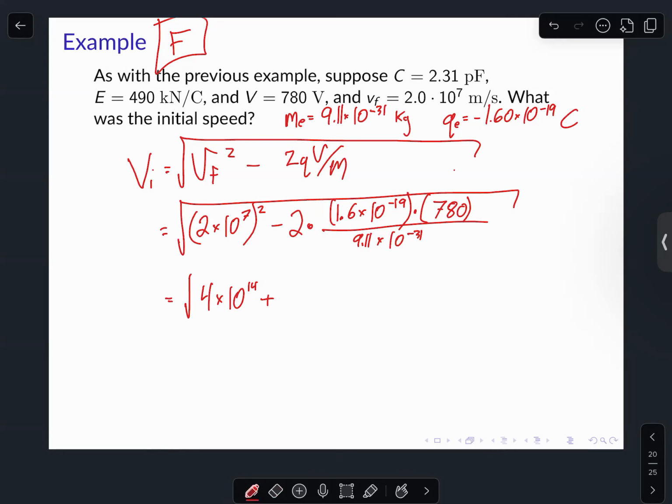If I subtract off a negative, I will speed up. So plug in the magnitude of the charge here if you want to predict a slower initial speed than final. Apologize for the misleading hint.